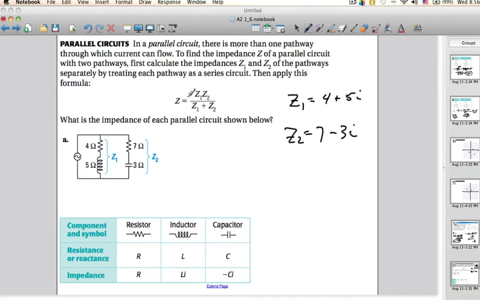And now for the whole parallel circuit, we know that Z will be equal to Z1, which is 4 plus 5i, times Z2, which is 7 minus 3i, all over Z1 plus Z2.